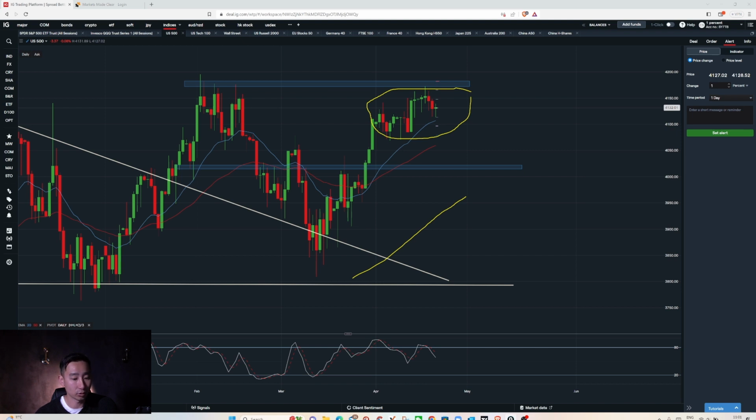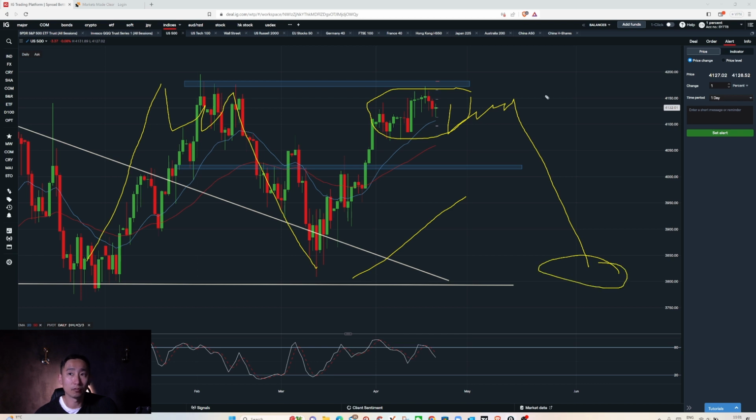So let me just show you. A bit like here, boom, and then range a little bit, and then it corrects again. So that's why I said the longer it hangs here, the more bearish I will be. So we could test this 3,800 area, and then depending on how strong the bounce is, we could even test lower.